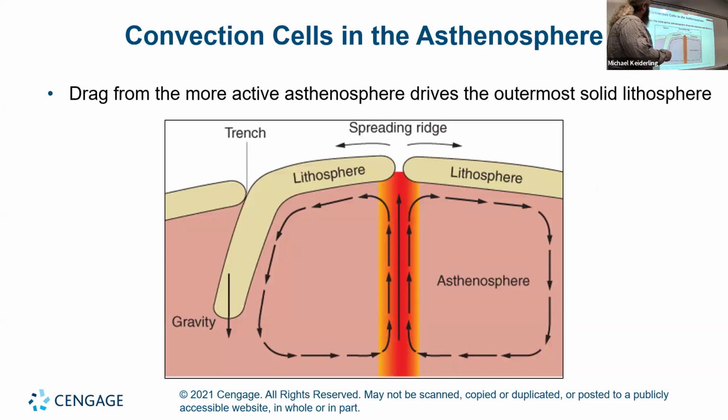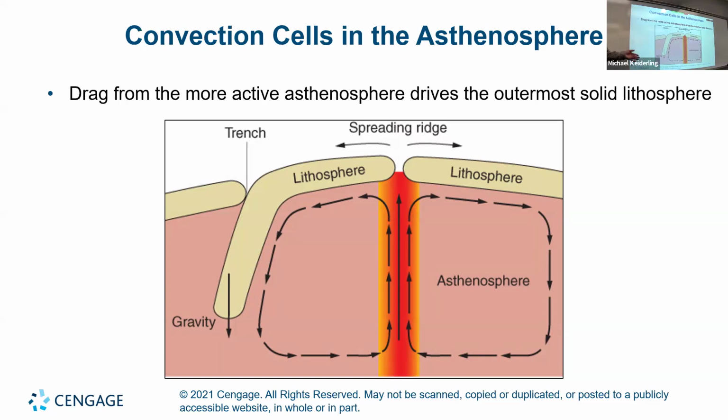So these are also helped along by the fact that the spreading ridges get pushed up by this rising hot magma, and the lithospheric plates penetrating into the ionosphere are sinking down and are pulled down by gravity.